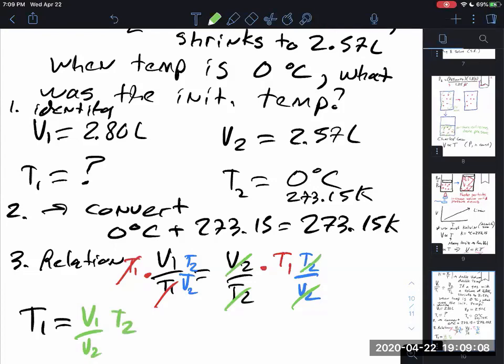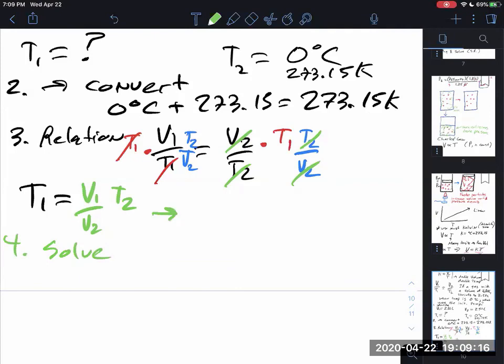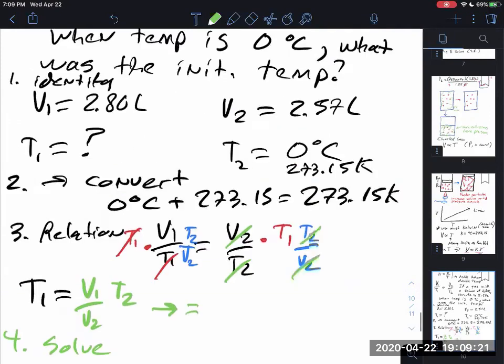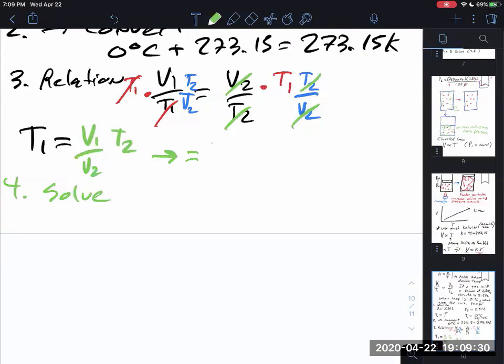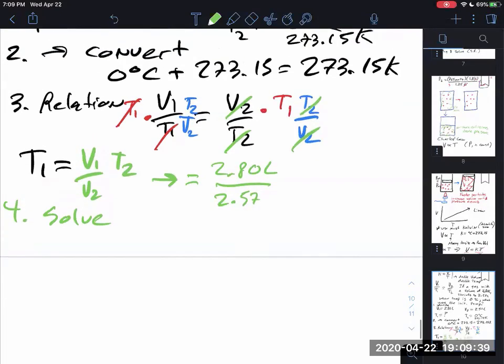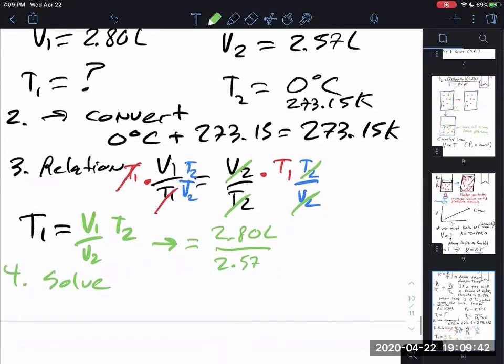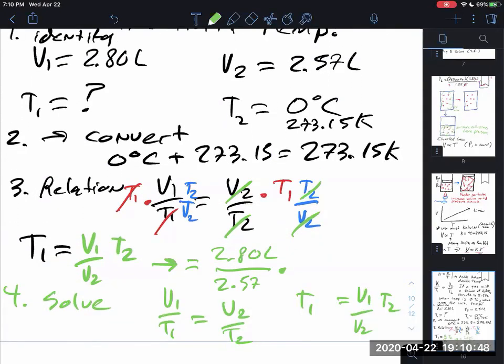And so then I'm going to solve. So that's going to be equal to V1, which was 2.80 liters, divided by 2.57. Do we do that right? Yeah, so the volume went down. We're finding the initial temperature. So the initial temperature is going to be higher. That's correct. So then that's times 273.15 Kelvin.